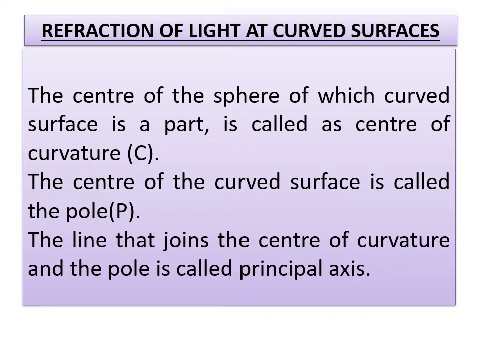Whatever I have explained, you have to remember: the center of curvature is represented with C, the pole with P, and the line joining P and C is known as the principal axis. These are the terms you have to remember for the next part of the lesson.